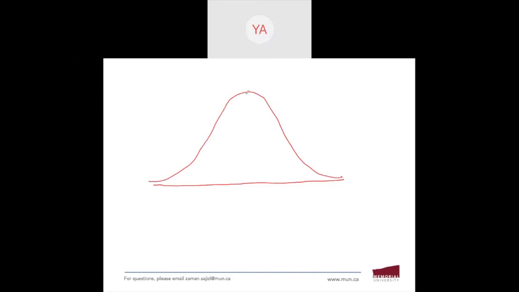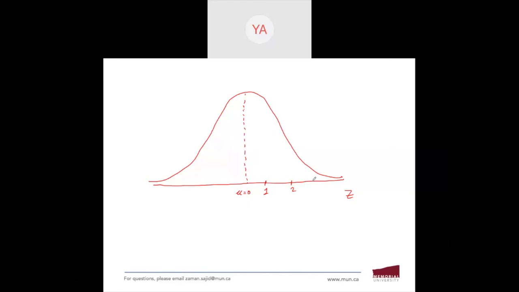This is my mean value, or the median value or the mode, which is mu, and it is equal to 0. Now I'm taking z here. From the mean value, I can go one standard deviation away, 2 standard deviations away, and 3 standard deviations above the mean on the right hand side.